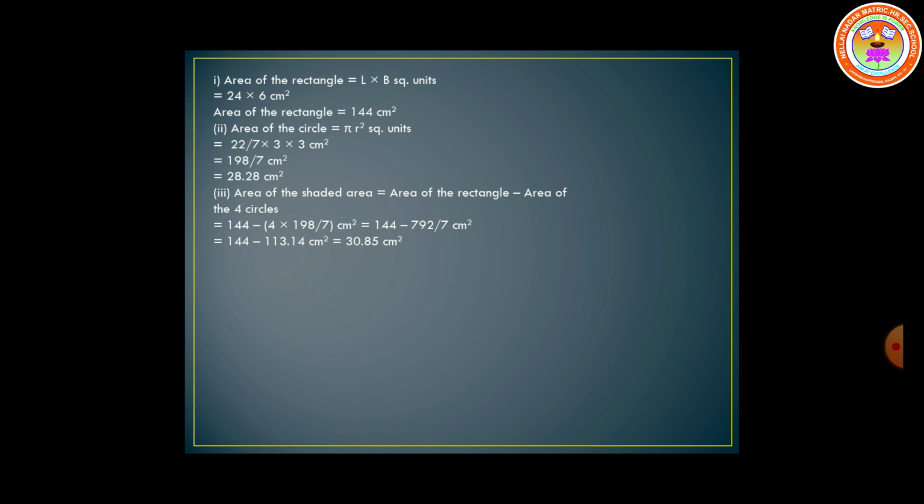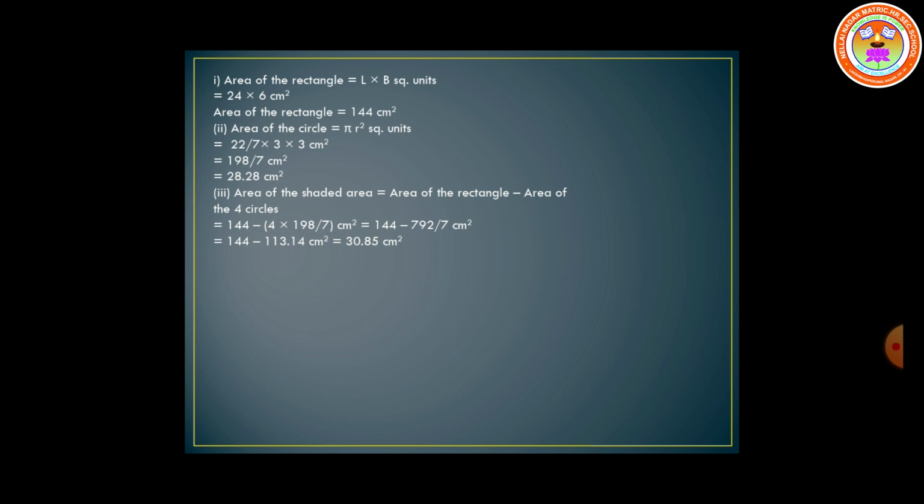That is, the area of the shaded region is equal to the area of the rectangle minus the area of the 4 circles. This is the area of the rectangle, already we have found, 144 cm square. Next, the area of the 4 circles.